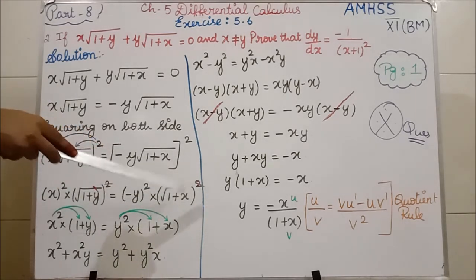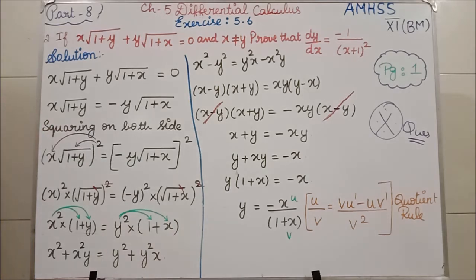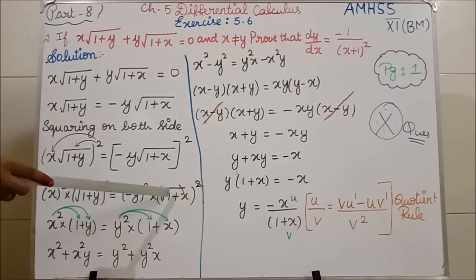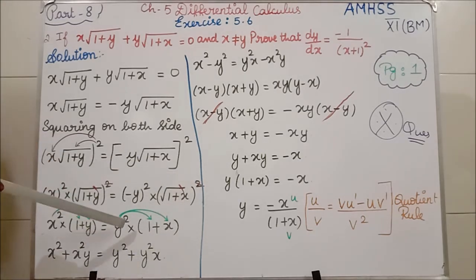The square and square root will get cancelled. So x square into (1 plus y) equal to y square, minus y into minus y is what? Positive, y whole square into (1 plus x). Clear?